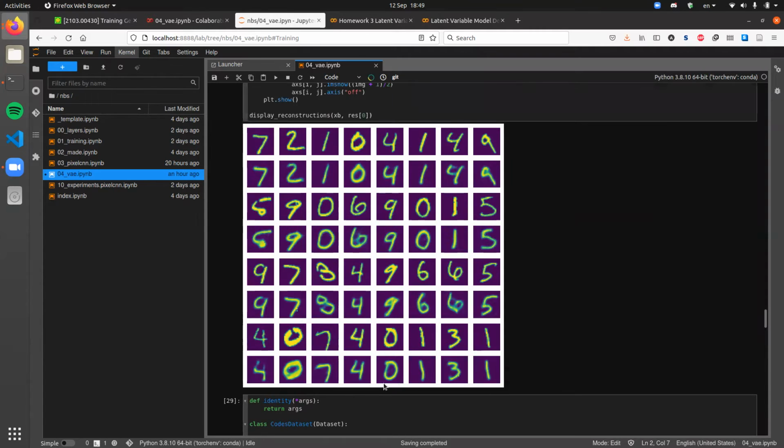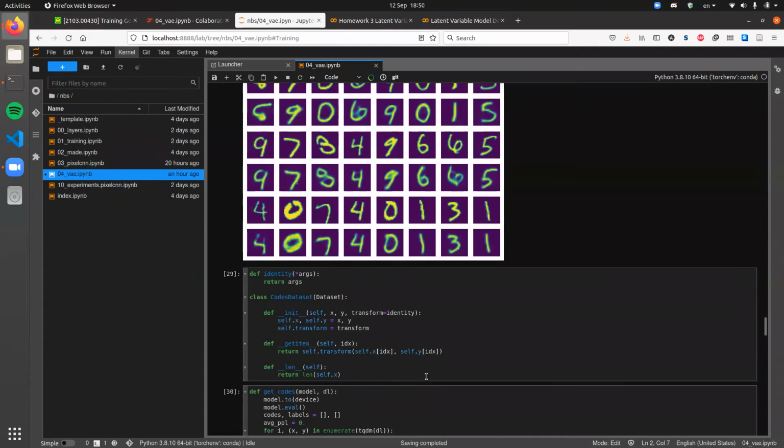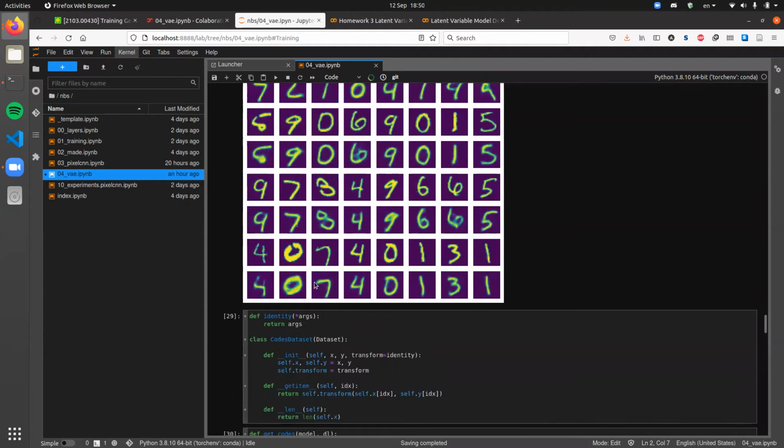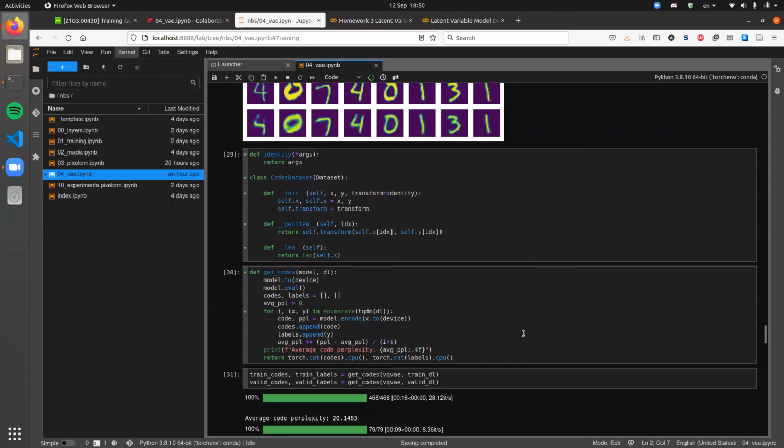And here, for example, this 0 has a discontinuity, but it is reconstructed into a nice closed circle. You can get the feeling of how this model extrapolates or interpolates between the data points, however you want to call it.